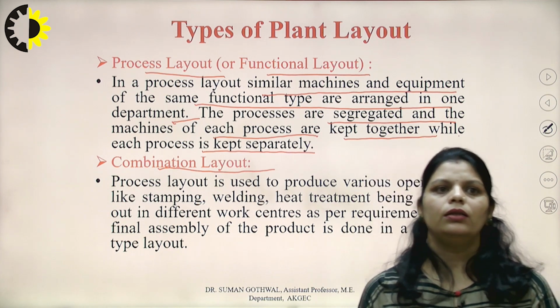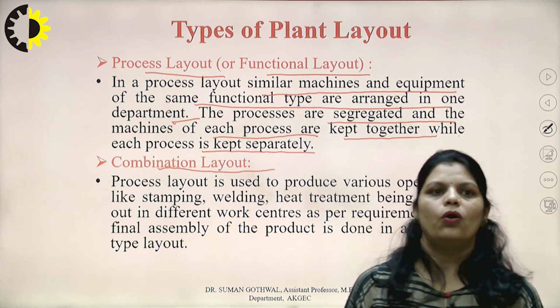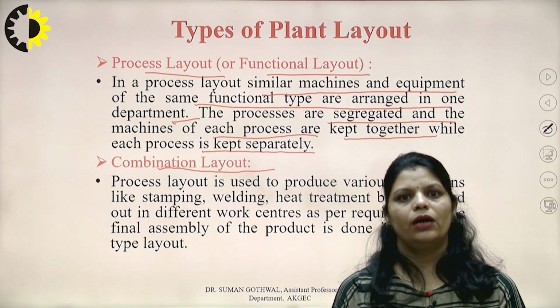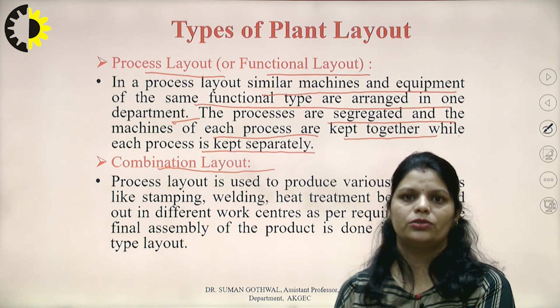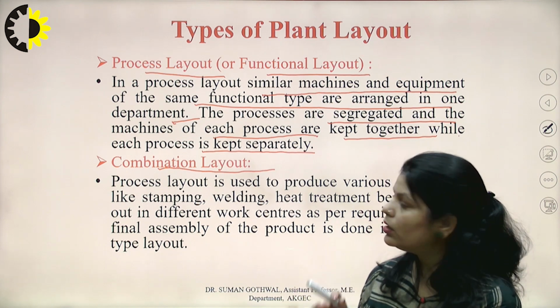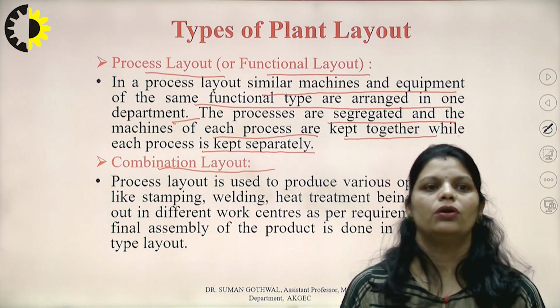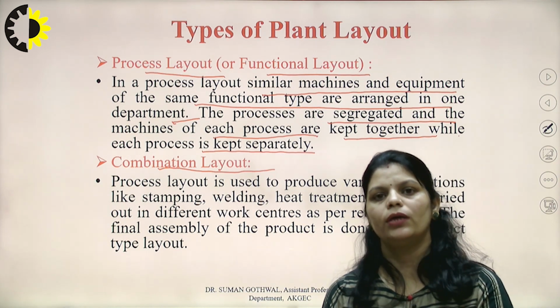Generally, the layouts used in industries are a compromise of the above mentioned layouts, and every layout has certain advantages and limitations, as we have discussed in both the cases. Therefore, industries would not like to use any type of layout as such.